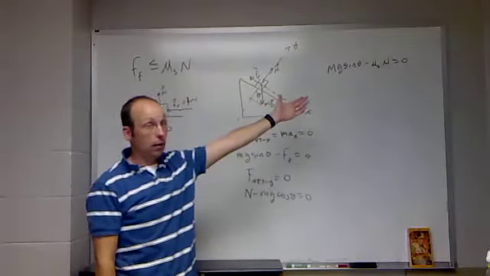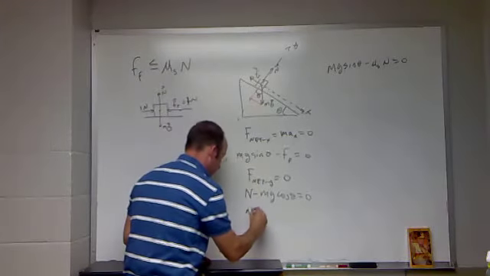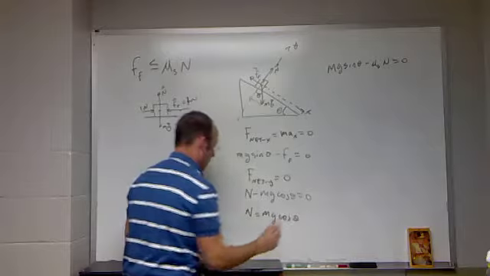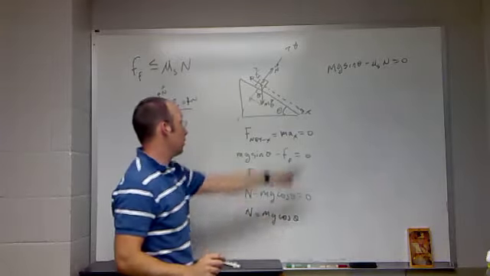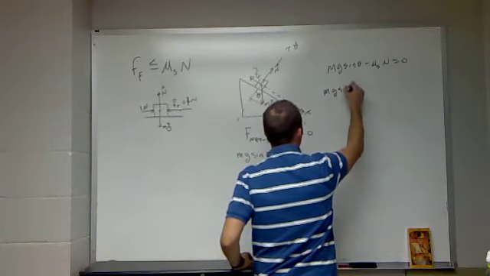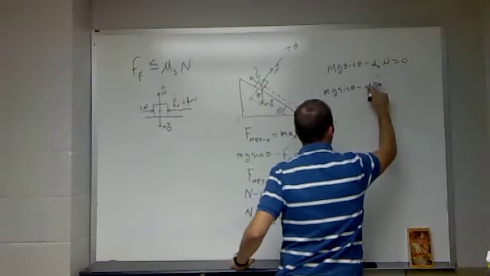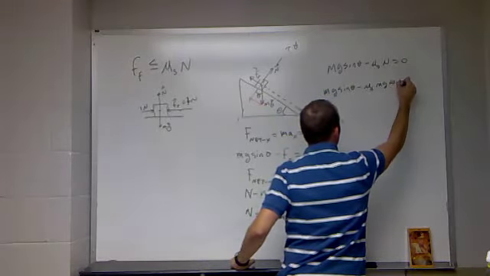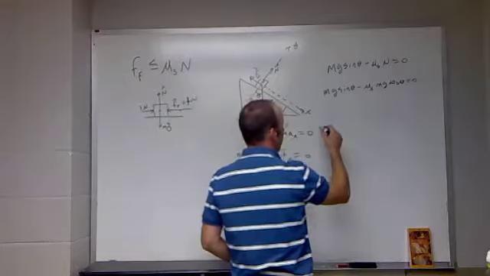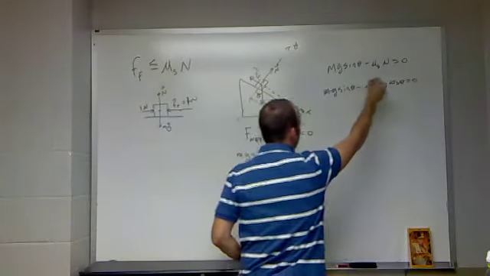So now I have that, but I don't have N. So I'm going to solve this for N. And then I'll substitute mg cosine theta for N up there, and I get, that's an s, I can divide both sides by mg, and it cancels.